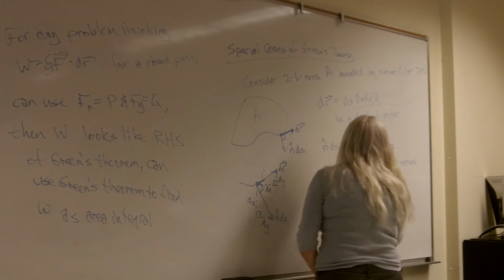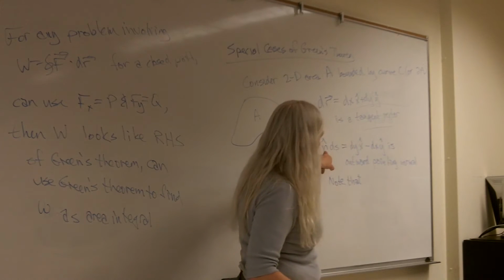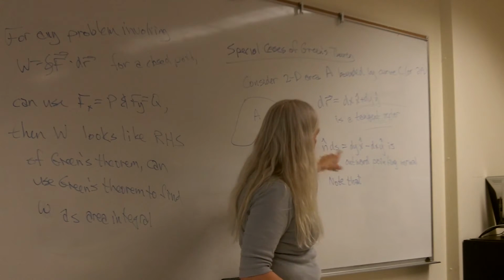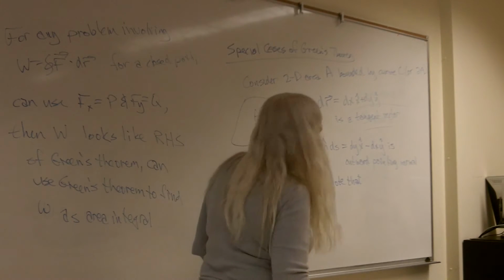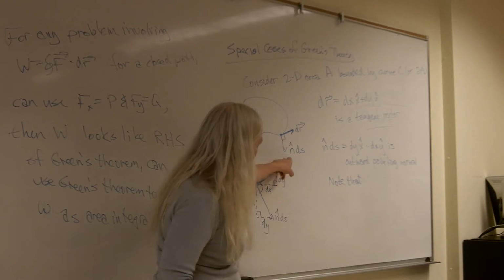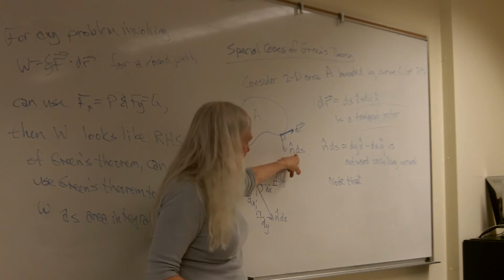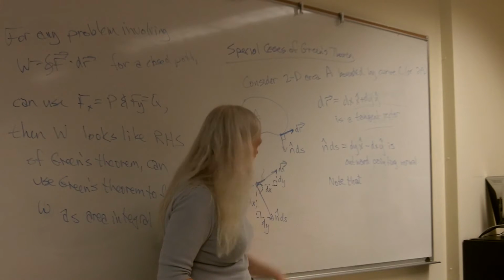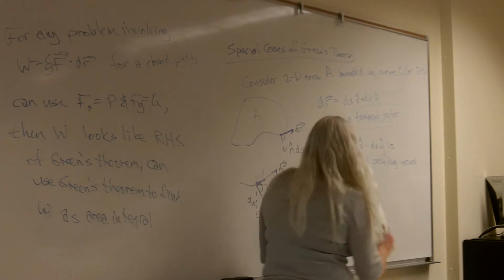Now notice the way we've written this one. Anytime we see a hat over something, it's of course a unit vector. So n hat here is defined to be a unit vector pointing in the direction of this vector. That would suggest that ds is the magnitude of this vector.